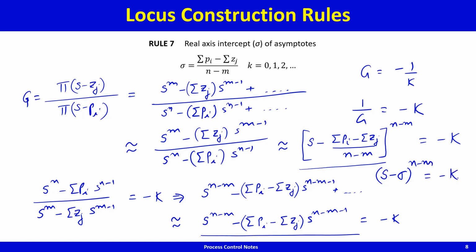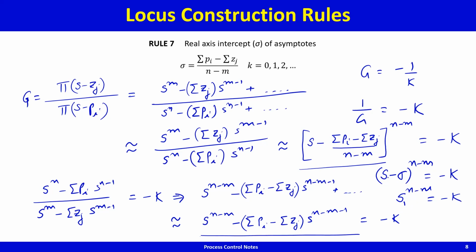If I shift my origin to sigma, if I say S minus sigma is equal to S1, then what I get is S1 to the power n minus m is equal to minus k. In the S1 plane, the asymptotes are passing through the origin.